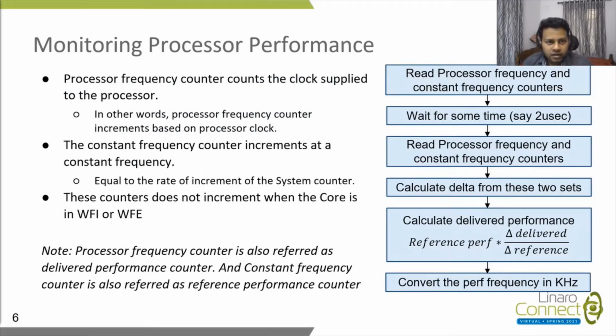On monitoring the performance, in this slide, the processor frequency counter is also referred to as the delivered performance counter, and the constant frequency counter is referred to as the reference performance counter. In calculating the delivered performance, or the current frequency of the CPU, the reference frequency counter and the processor frequency counter are read and kept as set 1 reading.